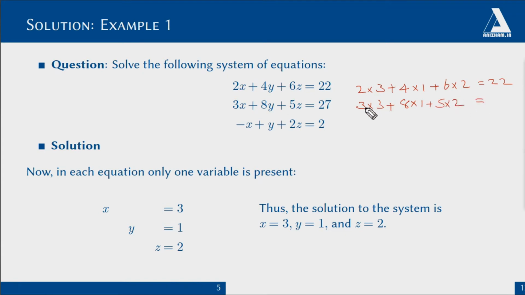This is equal to 9 plus 8, 17 plus 10, 27. So it is also right. Now this is minus 3 plus 1 plus 2 times 2, that is equal to minus 3 plus 1 is minus 2, minus 2 plus 4 is 2. So this system of equations has a solution x equal to 3, y equal to 1, and z equal to 2.